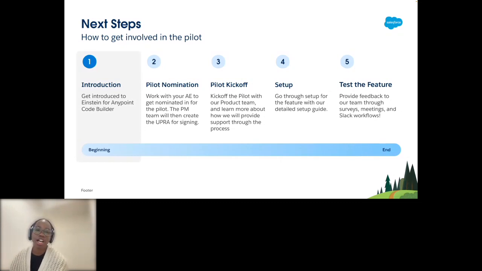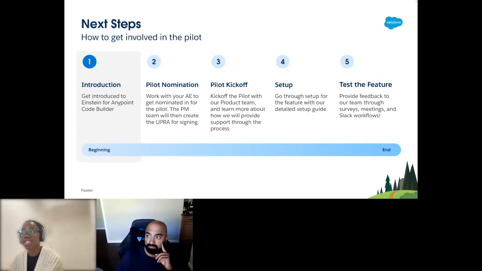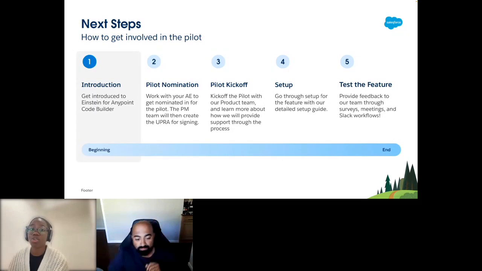And then lastly, the most critical part for us is just getting all your feedback. So we'll have two methods of feedback, largely async via Slack, and then we'll also set up one more follow-up meeting towards the end of the pilot to get more detailed qualitative feedback. And that's kind of how the pilot process will run. But again, it all starts with starting the pilot nomination process.